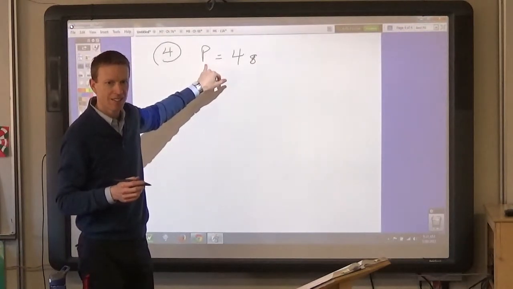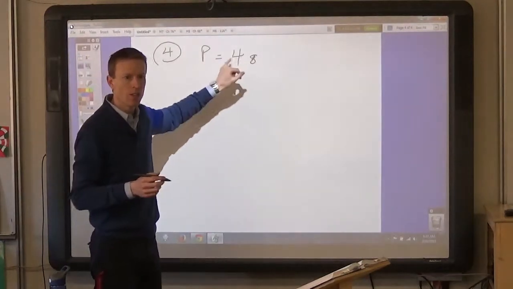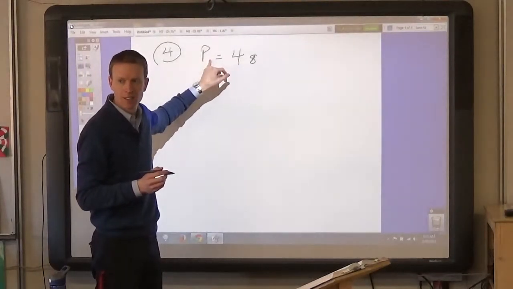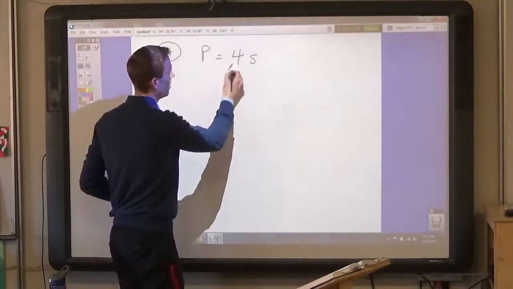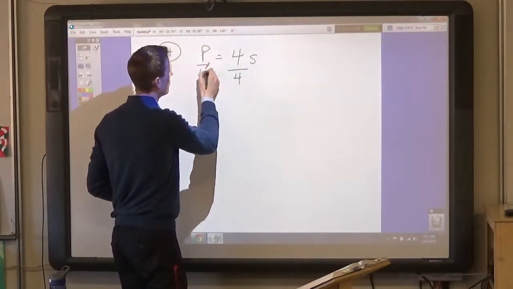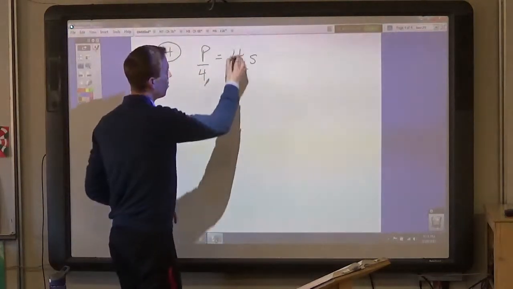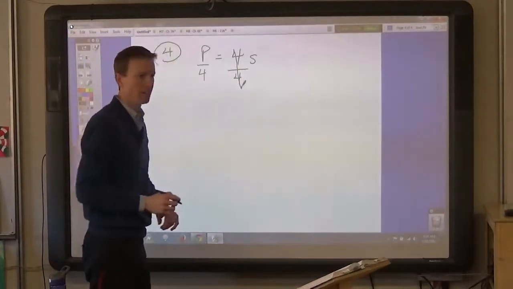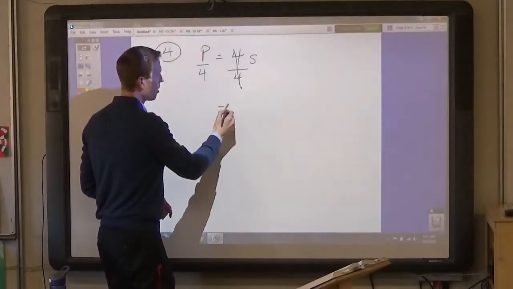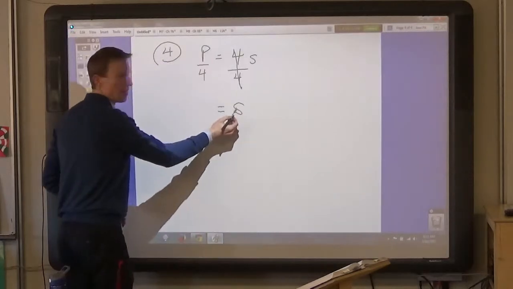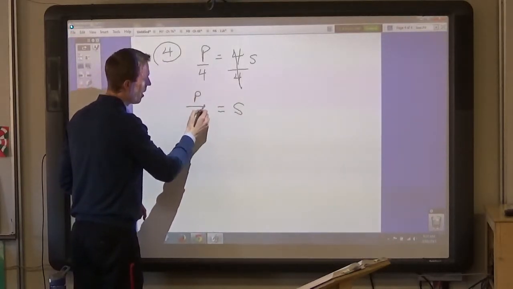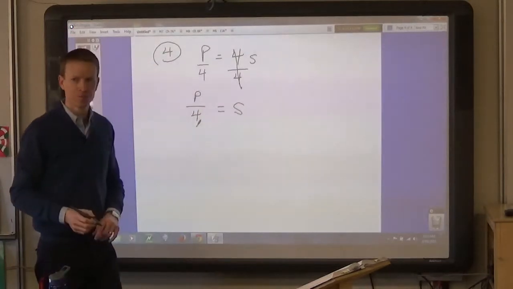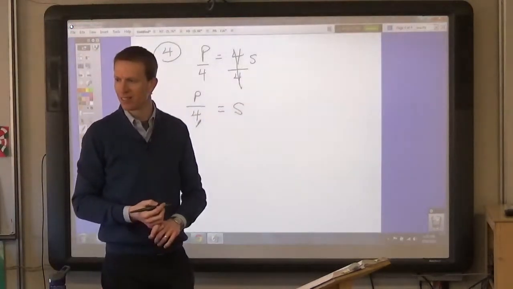Okay? But what if you know what the perimeter is, and you need to find the side? Divide the perimeter by 4. Right. Cross off the 4's. And so the formula then is transformed so that the side length is equal to the perimeter divided by 4. Okay?